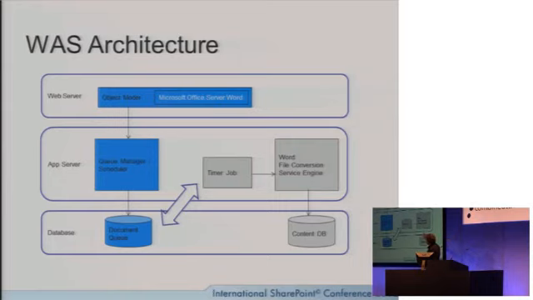That basically has a look at that document queue, grabs any conversion jobs that need to be run, and then runs that through the Word file conversion service. That then pushes content into the content database.